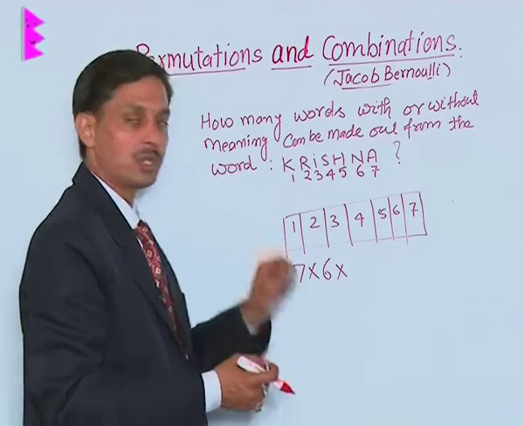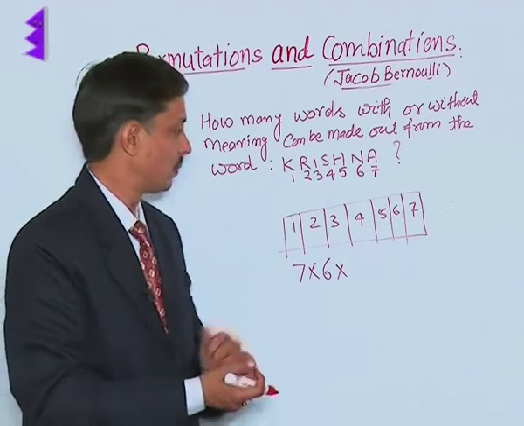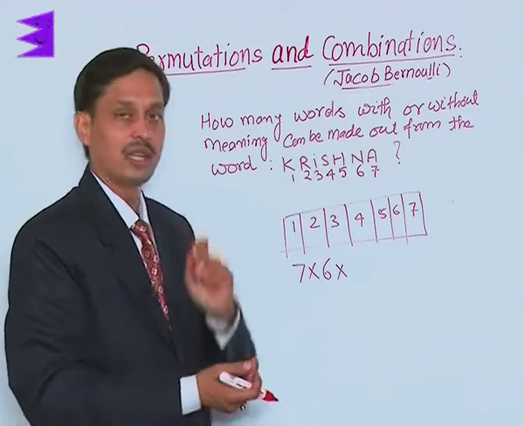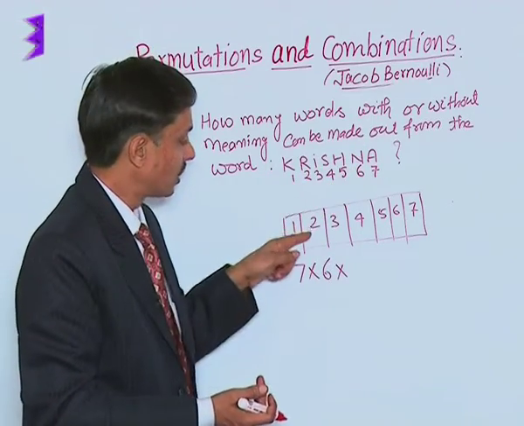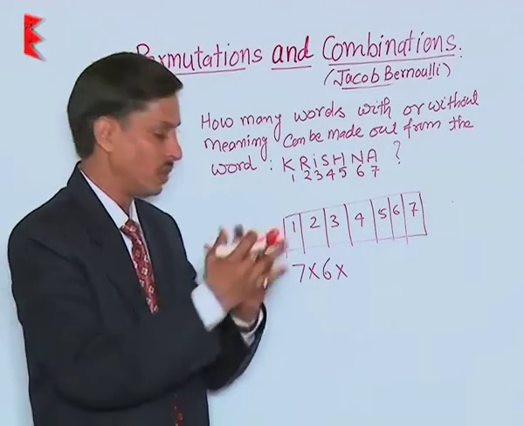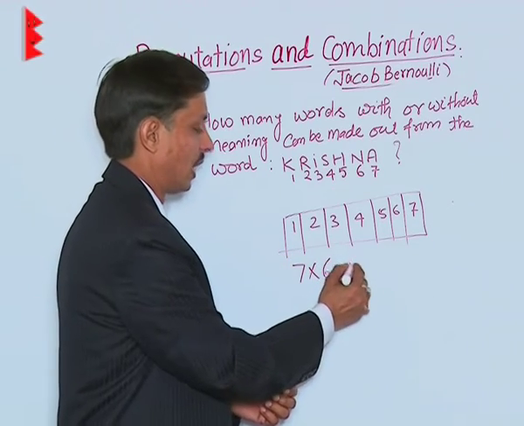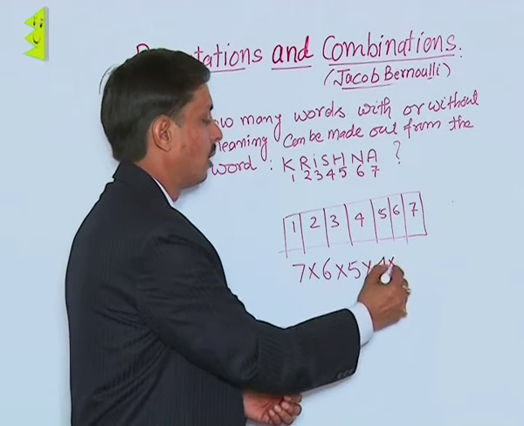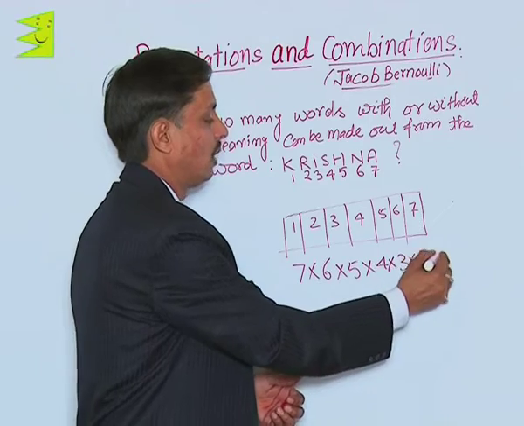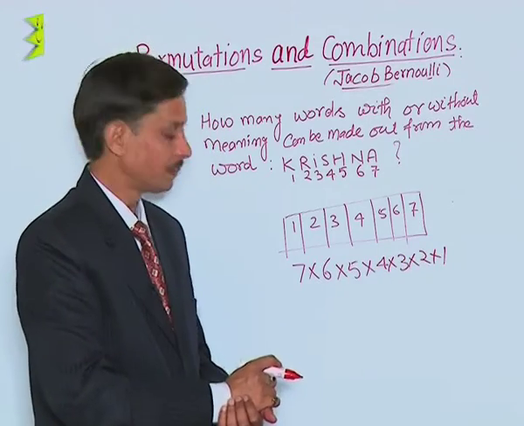Whatever is used, I cannot repeat, because I have to use all the letters together. Then on the second position, one letter is less, so 6 ways, then 5, then 4, then 3, then 2, then 1.